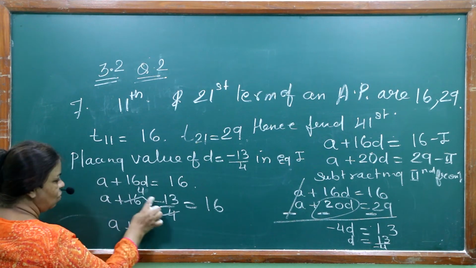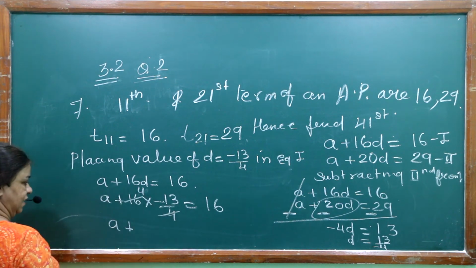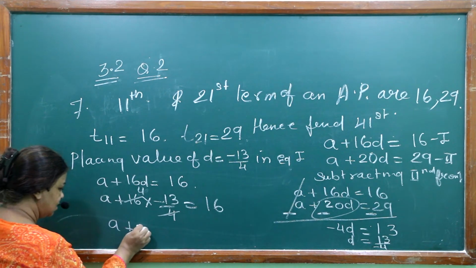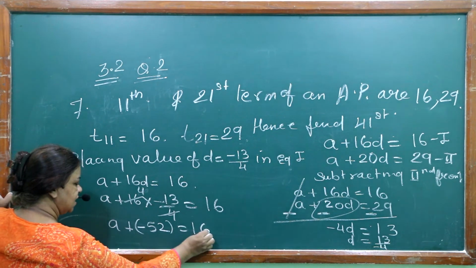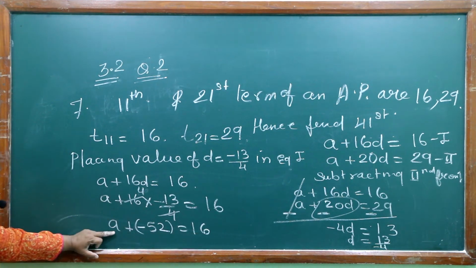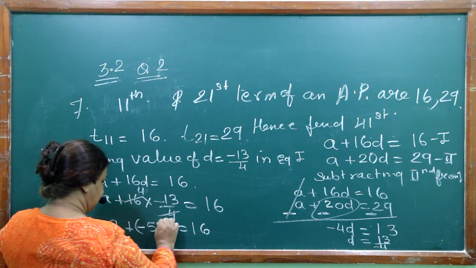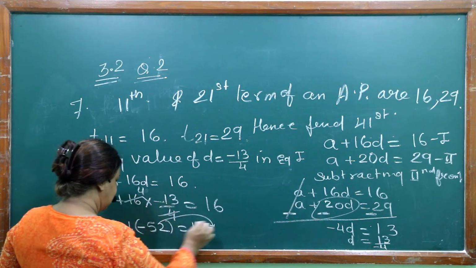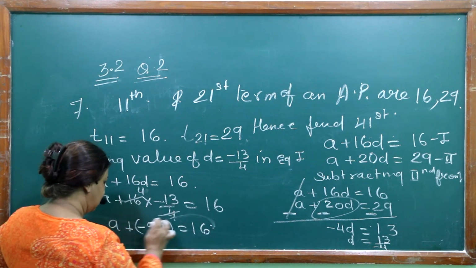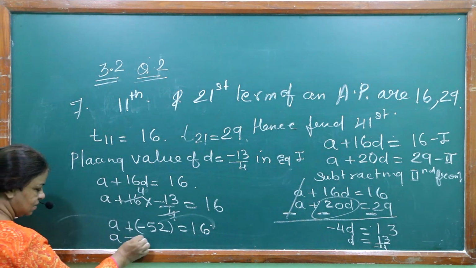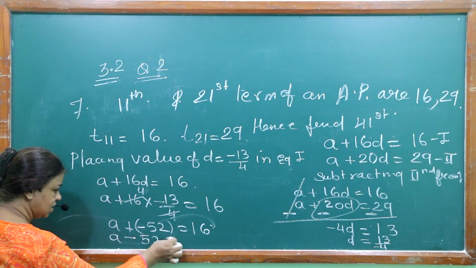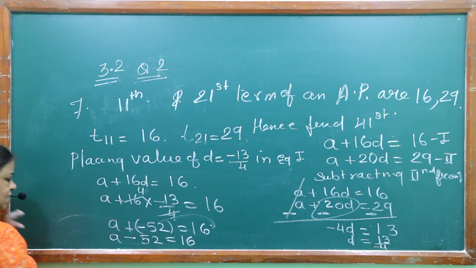A plus 4 into minus 13, minus 52 is equal to 16. So what do I get when I shift 52 this side? Okay, first I'll solve this minus and plus. A plus minus will become minus 52 is equal to 16.